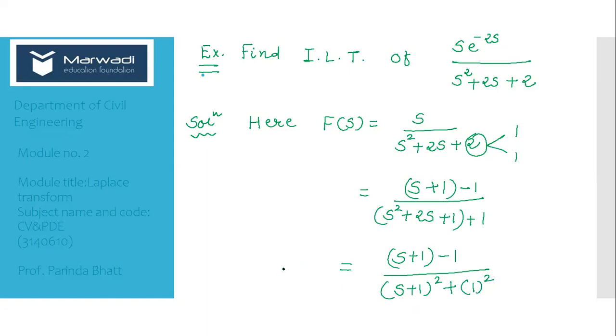Now we apply the Laplace inverse. Everyone clear? First we convert the denominator into the perfect square. Now this is s plus 1 whole square. Now we have to apply the first shifting theorem. Therefore we need s plus 1 in the numerator also.